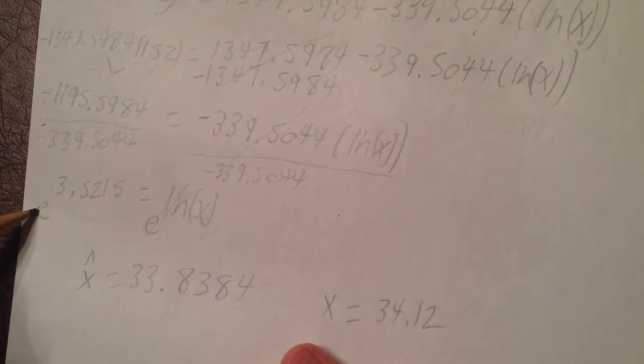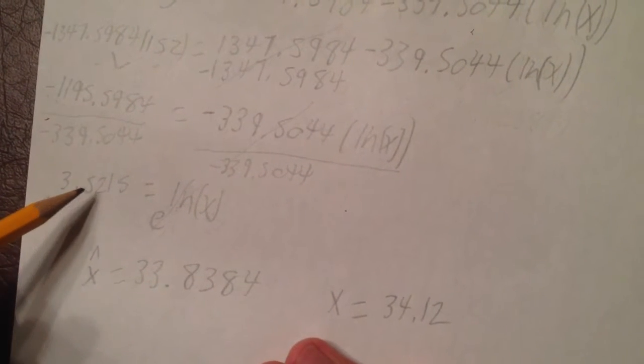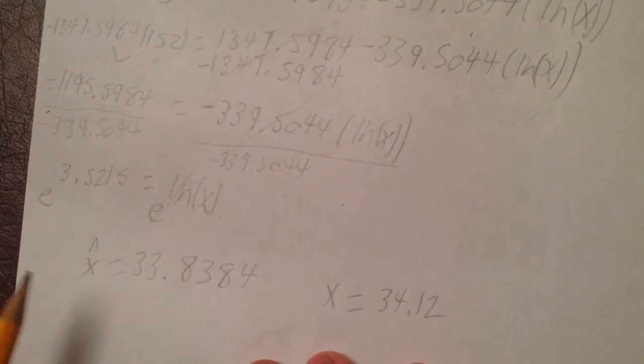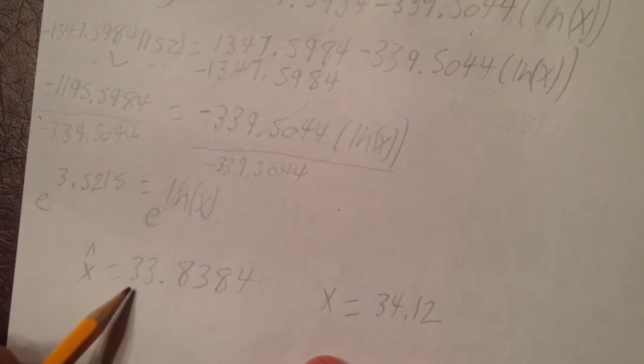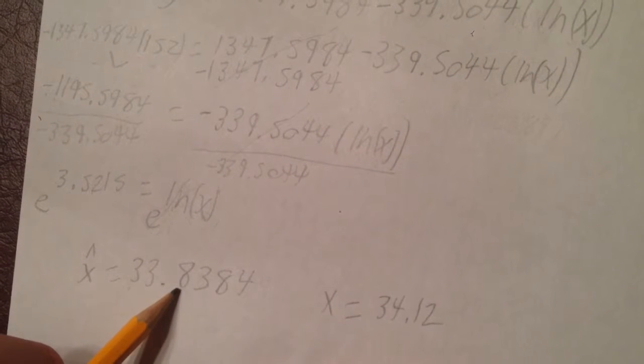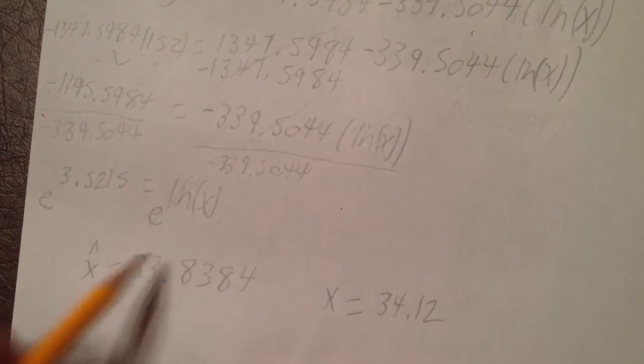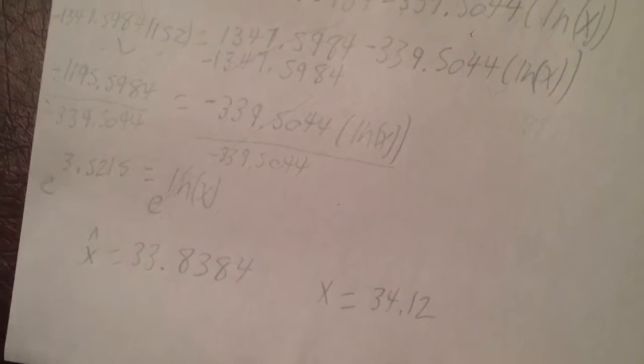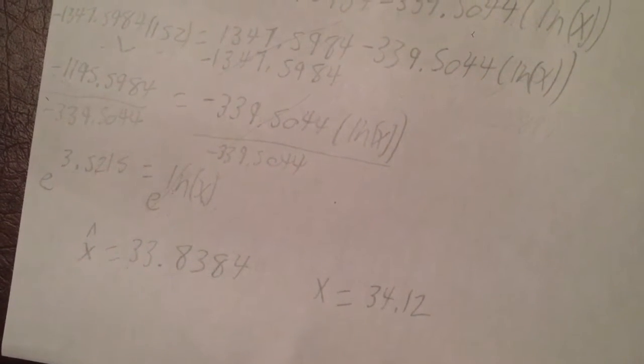So 3.5215 e'd, you could say, is the predicted x value of 33.8384. Now this value is our predicted time that it'll take to reach this pulse rate.